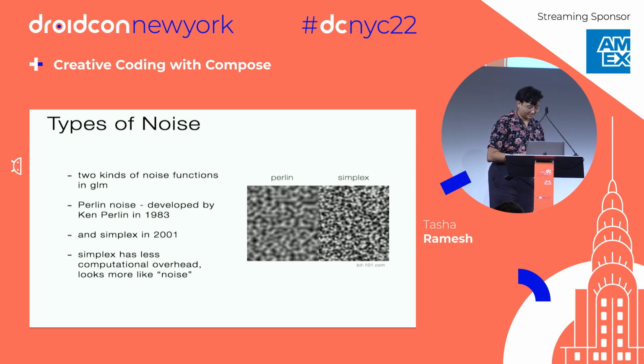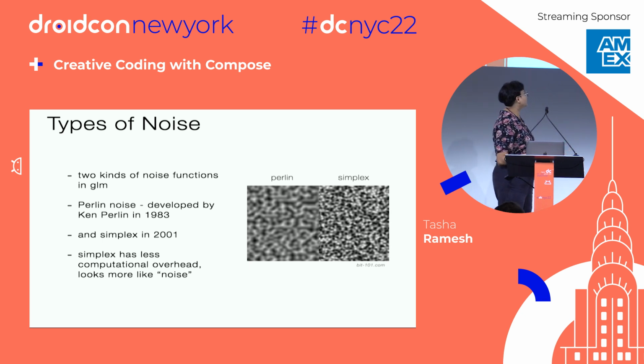So Kotlin Graphics GLM contains two different kinds of noise functions. The first one is a popular function, and some of you might have heard of this. It's called Perlin noise. Perlin noise was developed by Ken Perlin in 1983 for the original Tron movie, for which he won the Academy Award for his special effects. And 20 years later, almost, he came up with simplex noise, which was supposed to be an improvement on Perlin noise.